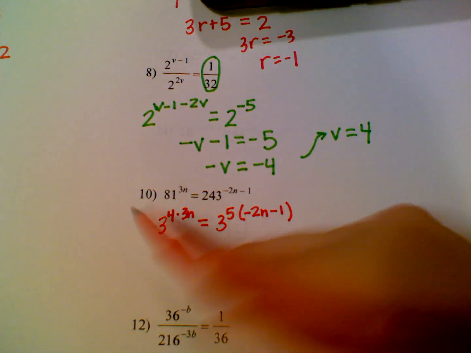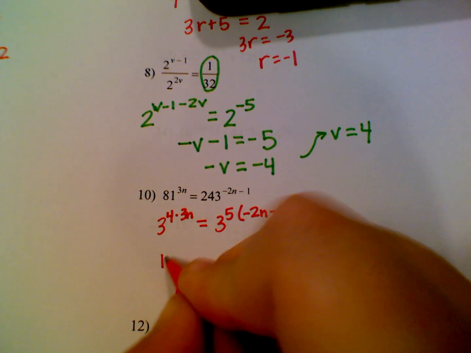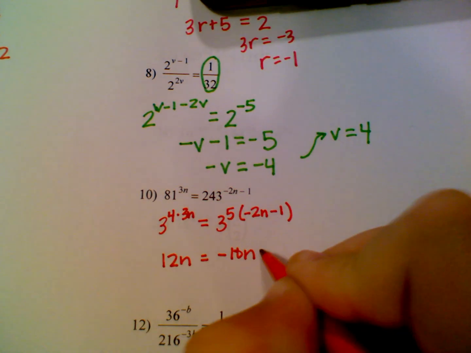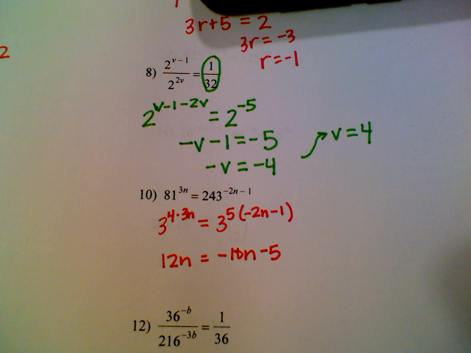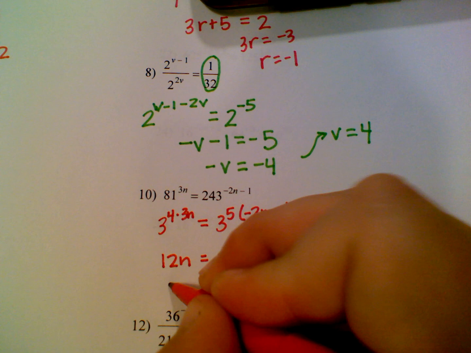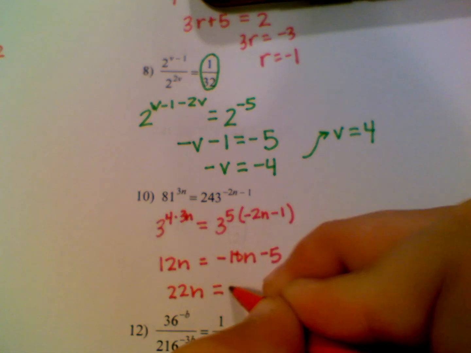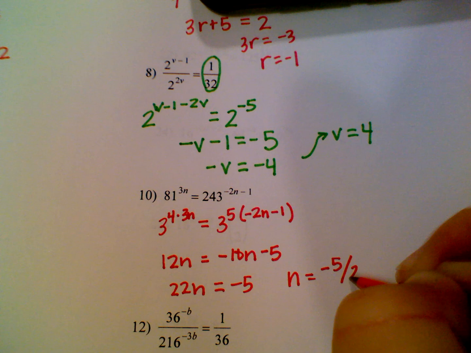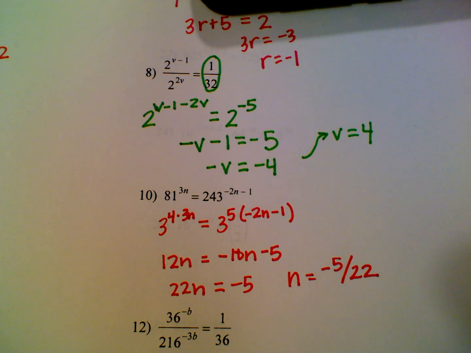And so now we have the same base, so we can go ahead and set those exponents equal to each other. I'm going to distribute as I do that. And then just continue to solve. So this will be 22n equals negative 5. So n is negative 5 over 22.